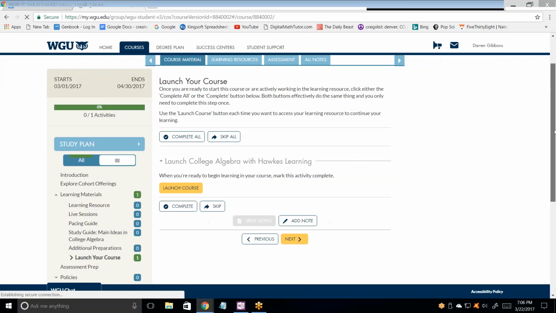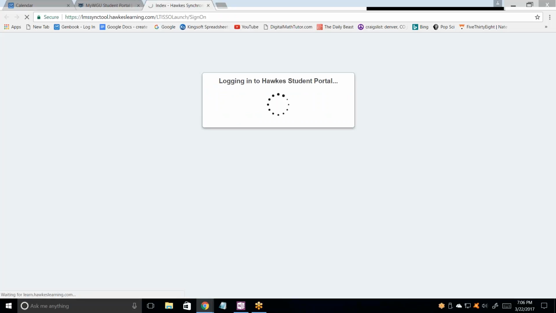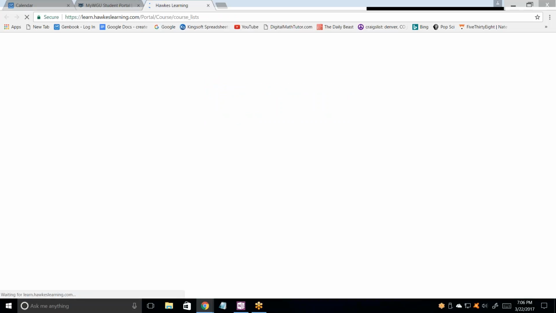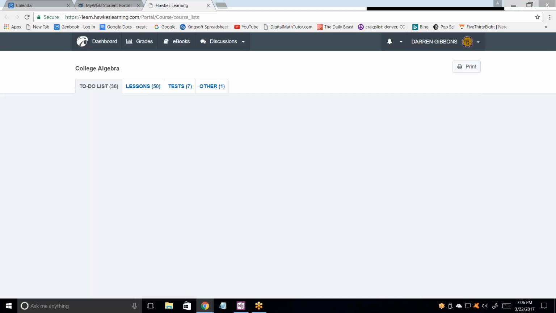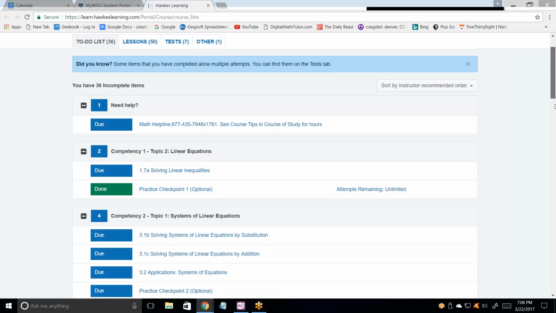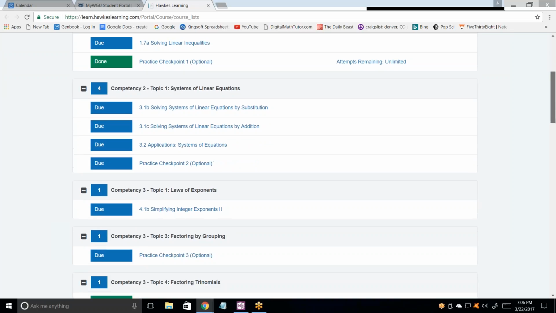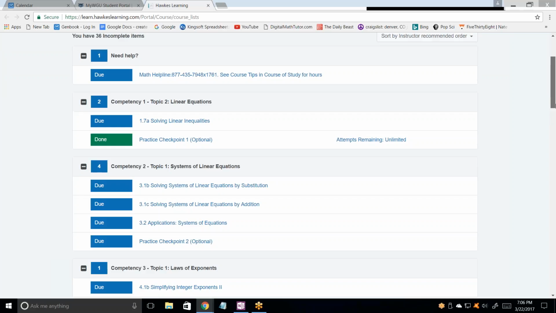Now see that yellow box that says launch course? Hit that. Okay, you might remember where we got to when we were at your house. I'm not exactly sure.